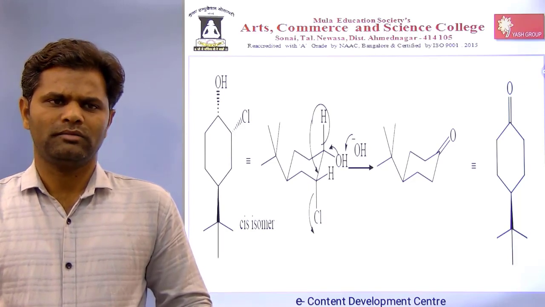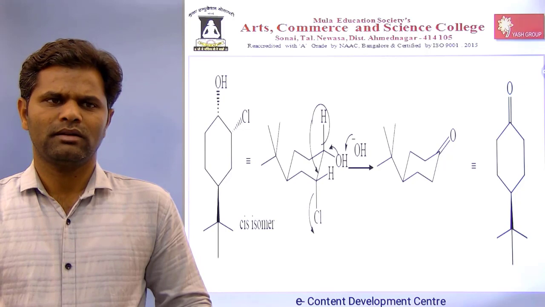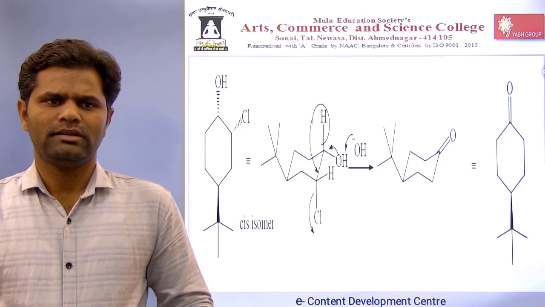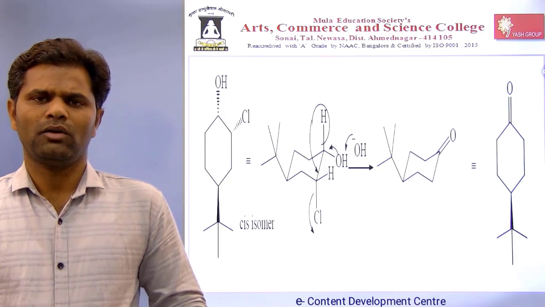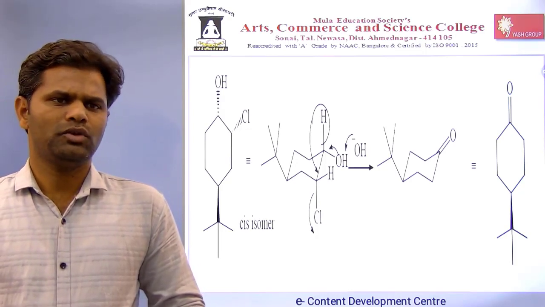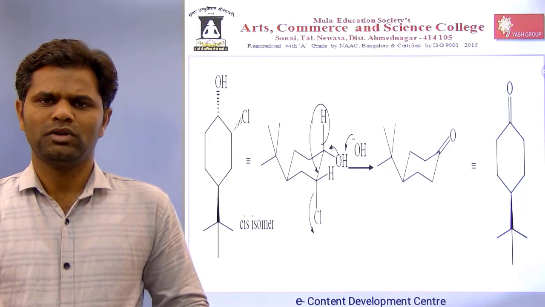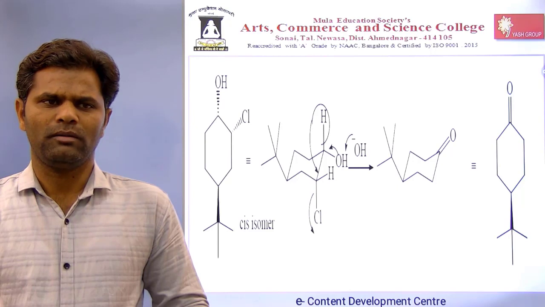When this is treated with the base, as the hydroxyl group is at the equatorial position, the equatorial alkoxide is not in a good position for displacement of the leaving group, the axial chlorine.